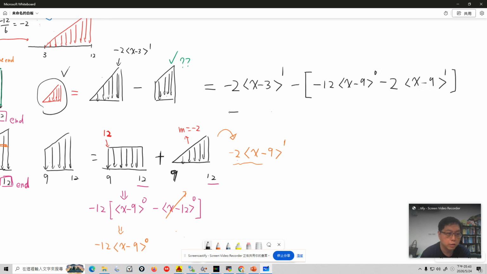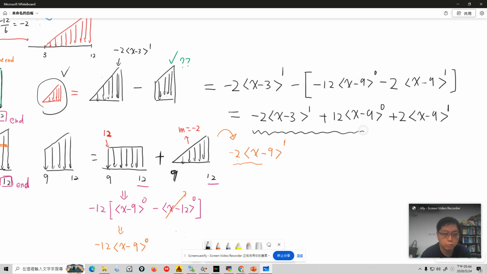Combining all together, it's minus 2 x minus 3 to the power 1, plus 12 x minus 9 to the power 0, and plus 2 x minus 9 to the power 1. I think this is the final answer for the triangle distributed load at the middle part of the beam.